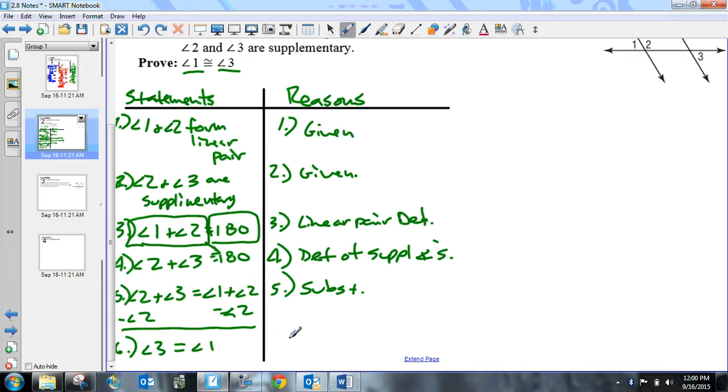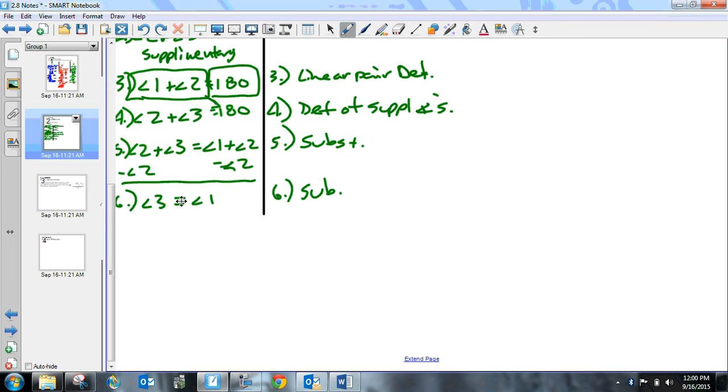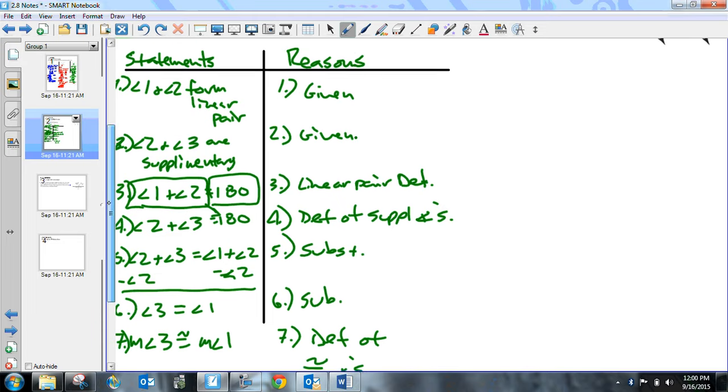Step 6 uses subtraction. Now, if my two angles are equal, then I can say that the measure of angle 3 is congruent to the measure of angle 1. That's my seventh step, and that's the definition of congruent angles. If you want to go back through this, that's a good idea.